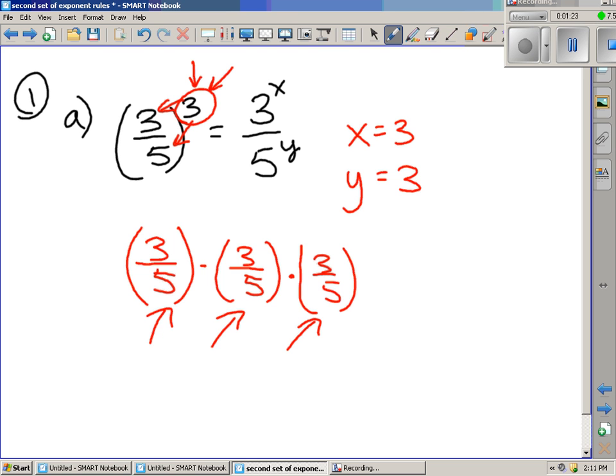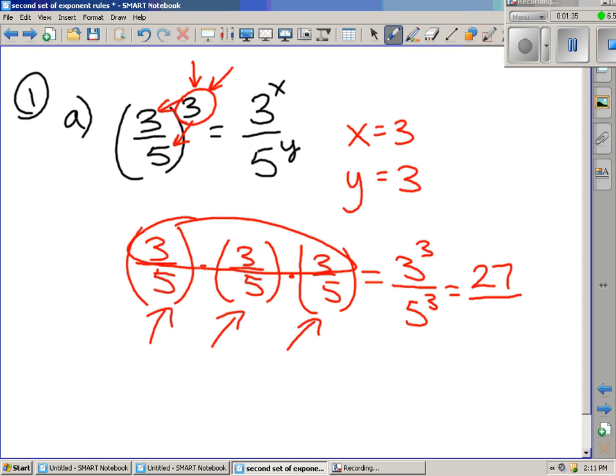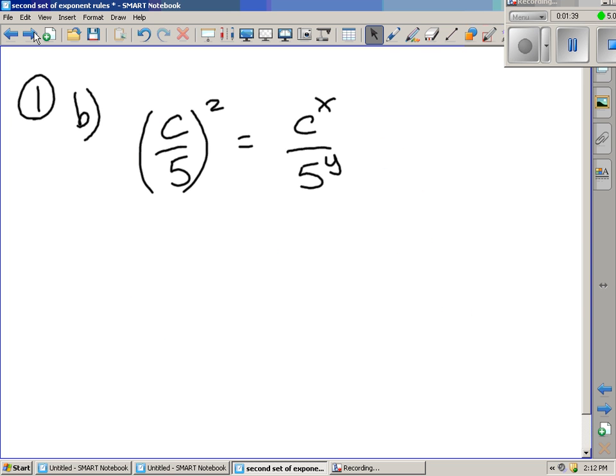And then I'm going to multiply. When I multiply 3 times 3 times 3, that's equivalent to 3 to the third. And when I multiply 5 times 5 times 5, it's equivalent to 5 to the third. And later on, you're going to learn that you can go ahead and simplify that. So this will become 27 in the numerator, and in the denominator, we'll get 125.